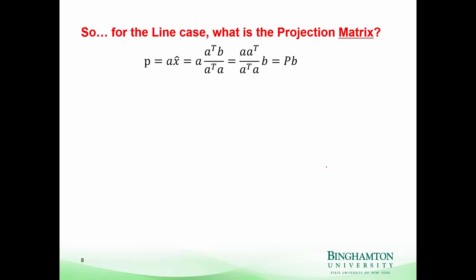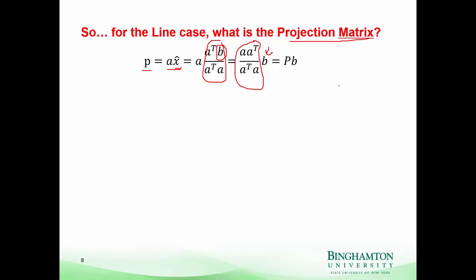So what's the projection matrix that we're talking about? We figured out how to get P by finding x hat, multiplying it from the right onto A. So here's our x hat. Well, remember, the projection matrix is the thing that multiplies B. So right there is B. So let's pull that out and group everything else together.